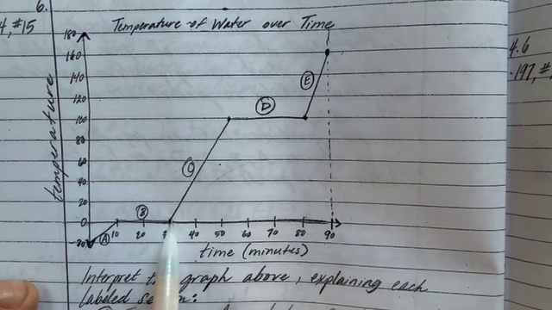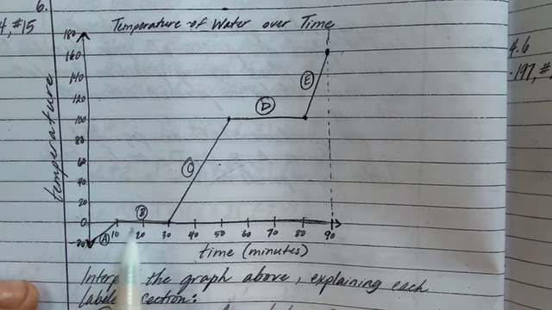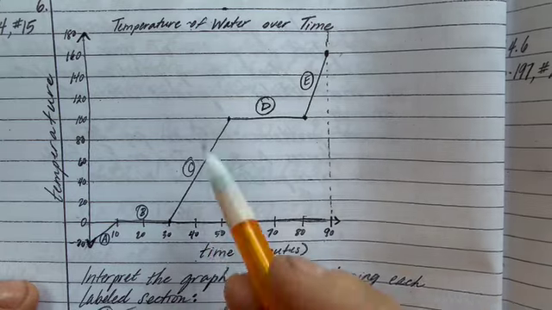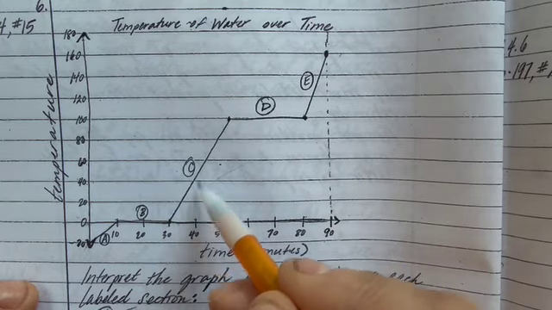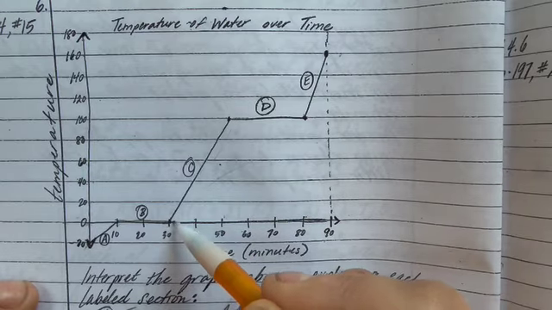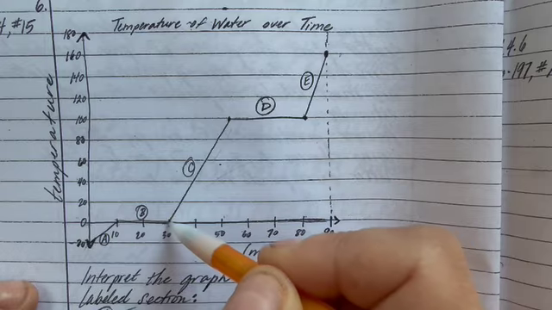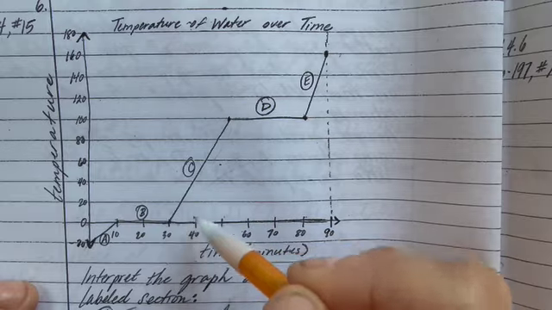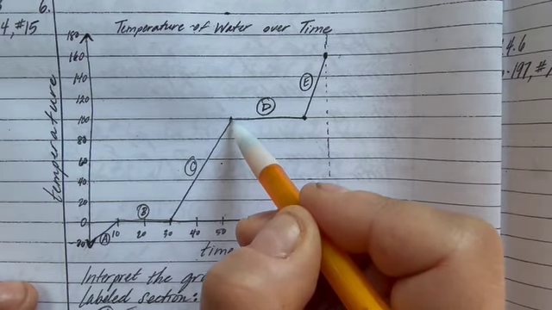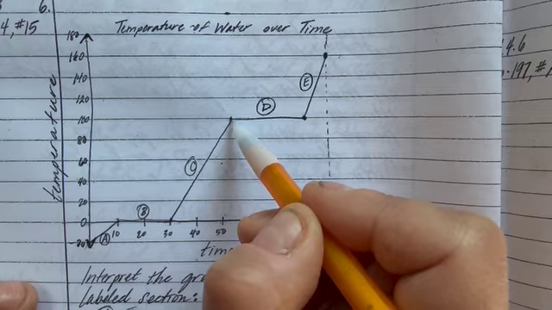From 10 minutes to 30 minutes, over these 20 minutes, it's going to stay at freezing at 0 degrees. From 30 minutes up to 50 minutes, for these 20 minutes, it makes a significant rise, right? It goes from 0 degrees to 100 degrees, this water. So I am thinking that we're boiling ice or something like that.